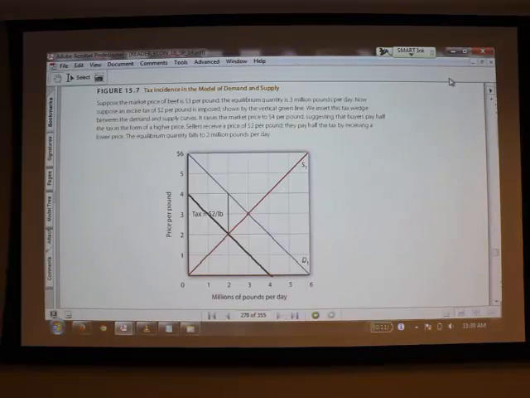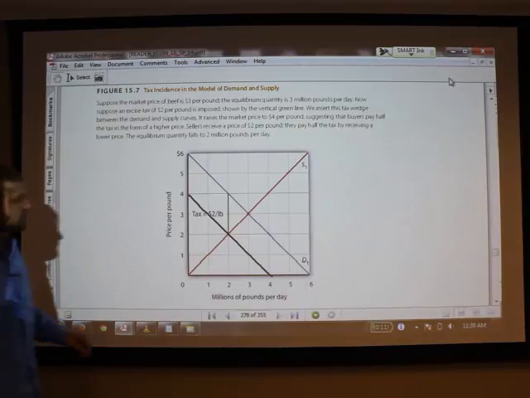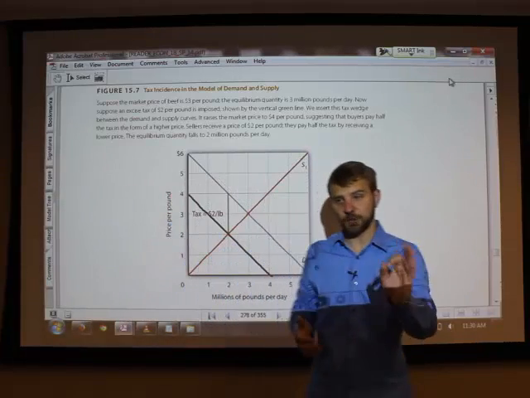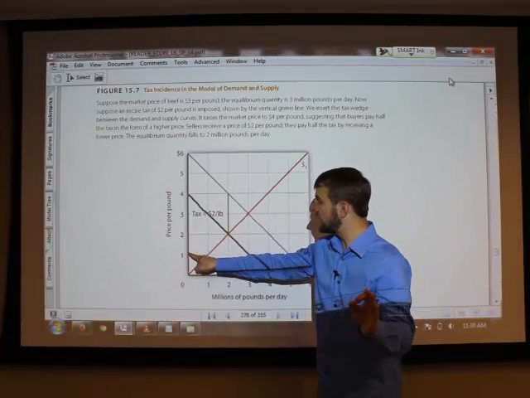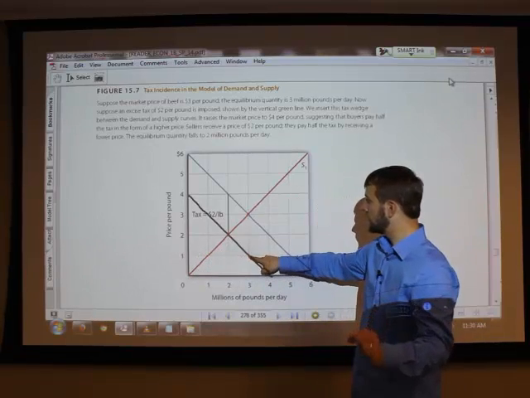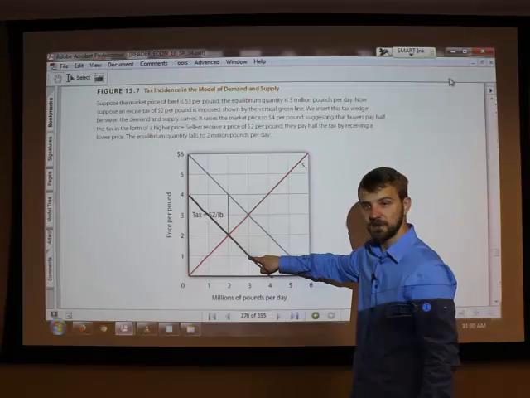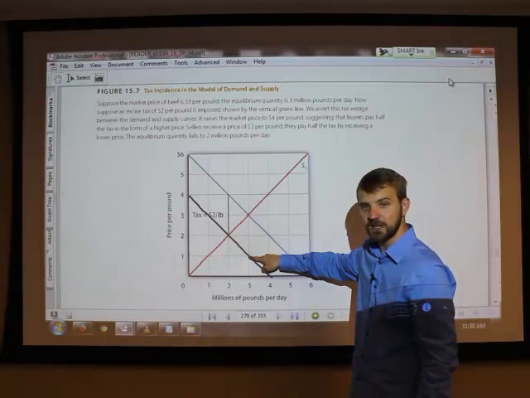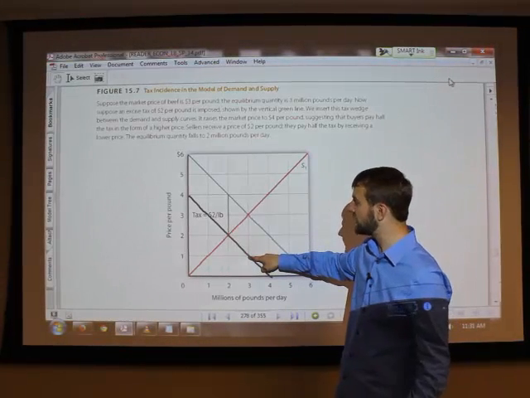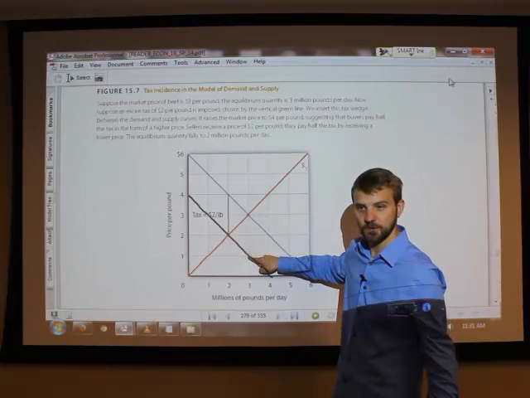So for example, if the price, the sticker price in the store is $1, consumers demand 3 million pounds, because they know they're going to have to pay $2 to the government. In other words, they know the effective price is $3. Right?